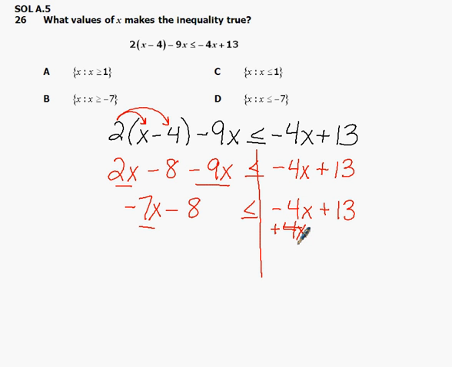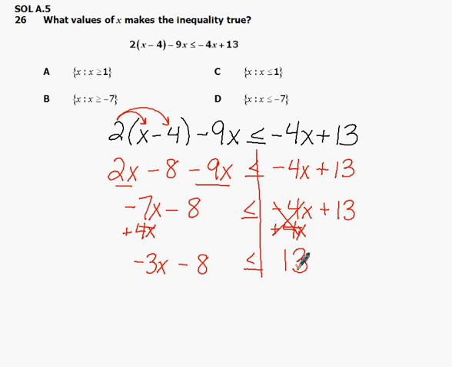And then don't forget that whatever you do to one side, you have to do to the other. I'm going to write it underneath the negative 7x because those are the like terms. So the negative 4x is gone from the right-hand side, and over on the left-hand side we have negative 7 plus 4, which is negative 3x minus 8, our inequality sign is still the same, and then I only have a 13 on my right-hand side.